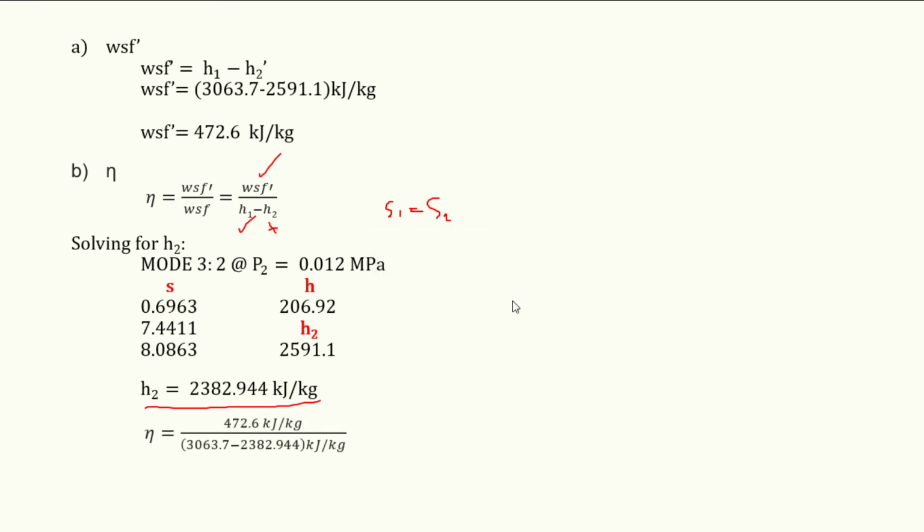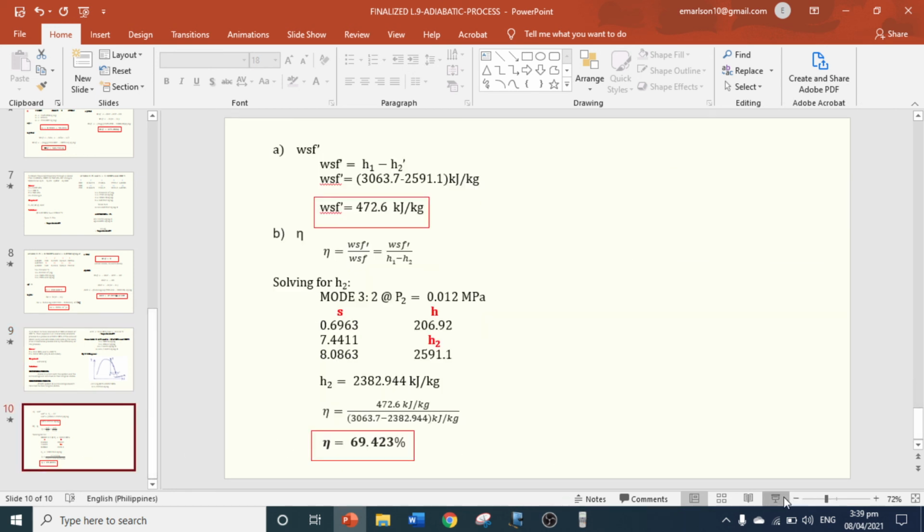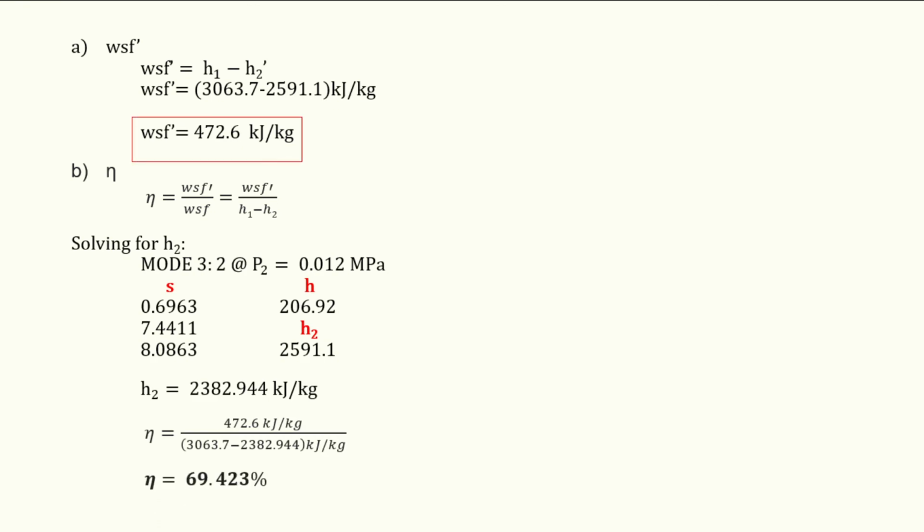Yung H2 prime natin is 2591. Kasi kung mapapansin nyo dito sa graph, mas malaki talaga si 2 prime kaysa sa 2. Mas malaki si actual kaysa sa ideal. So, tama yung ginawa natin. Okay? Ganon lagi. So, ayun na. Therefore, the efficiency is 69.423%.